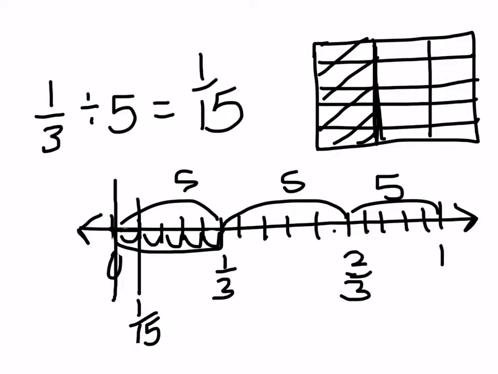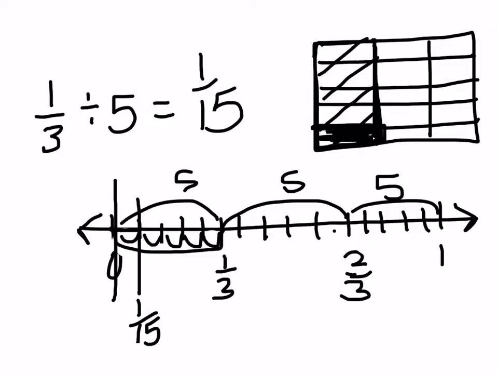That's pretty close. And so 1/3 divided by 5 is one of these pieces right here. So my answer is 1 out of 5 times 3, which is 15. So you can see how that works.